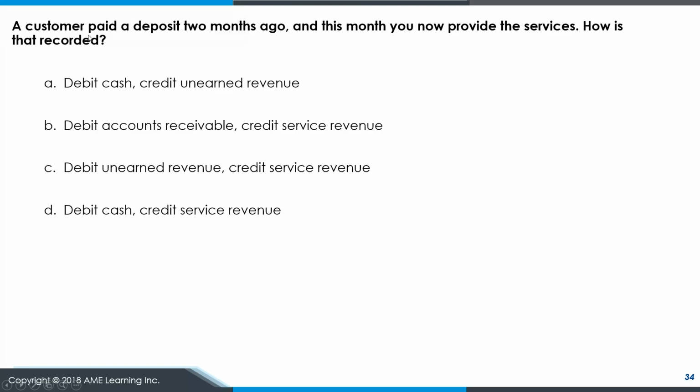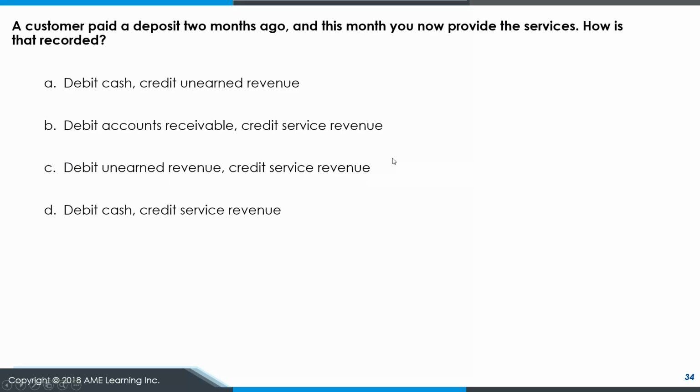Here we have a question that says a customer paid a deposit 2 months ago, and this month you now provide the services. How was that recorded? So we don't touch cash in this instance at all because we already got the money paid when they paid us way back when. The money is just now ours essentially. And so we want to debit this unearned revenue liability to reduce that to 0 because it's no longer unearned, now it's earned.